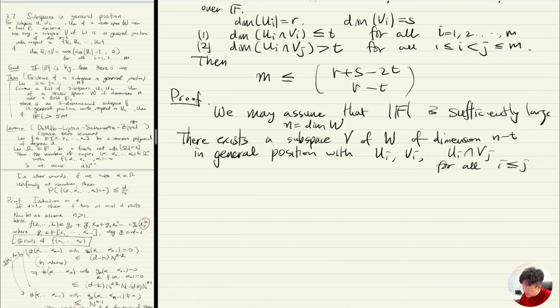And the number of these subspaces is finite. Therefore, there exists a subspace V in general position with respect to all these things.